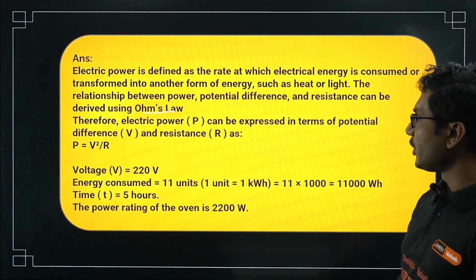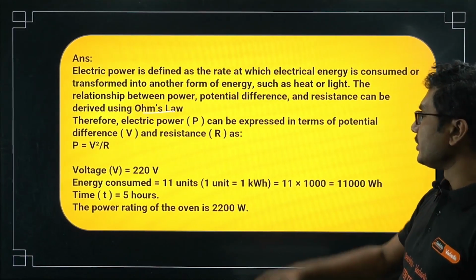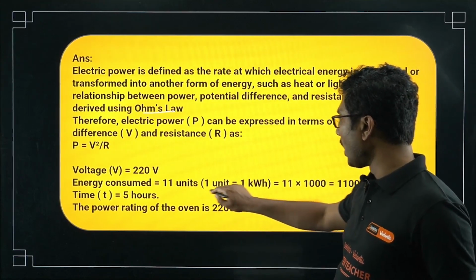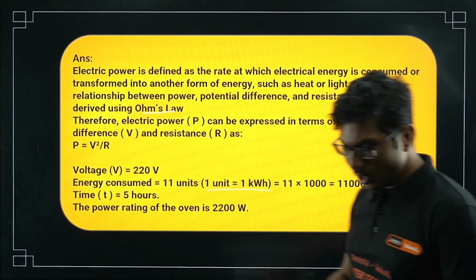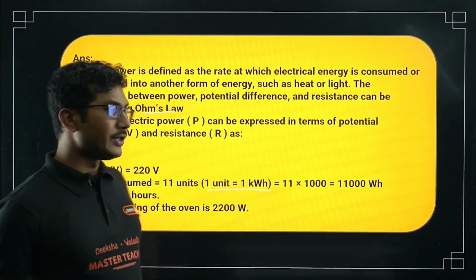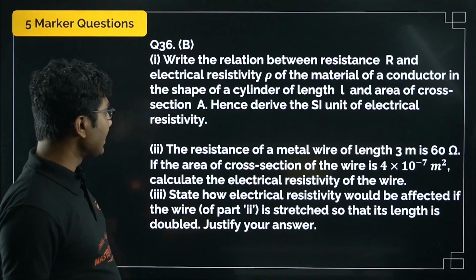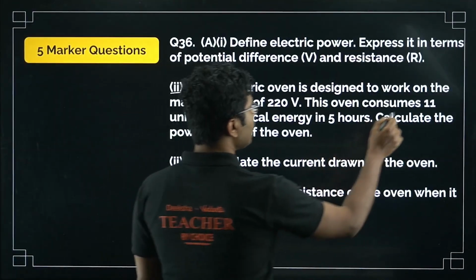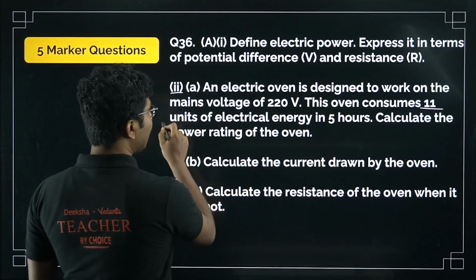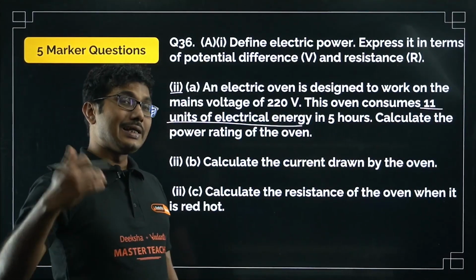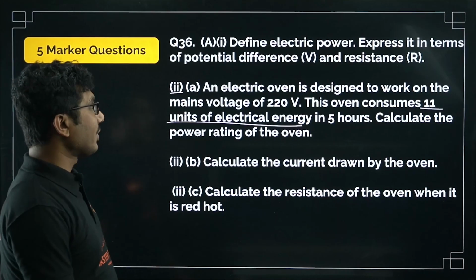Voltage is V is equal to 220 volt. Energy consumed is 11 unit. Okay, 1 unit is 1 kilowatt hour. So whenever we are trying to calculate the unit, it has to be in the kilowatt hour unit. So that is what's given here, right? It consumes 11 units of electrical energy. So the electrical energy is 11 kilowatt hour in 5 hours.